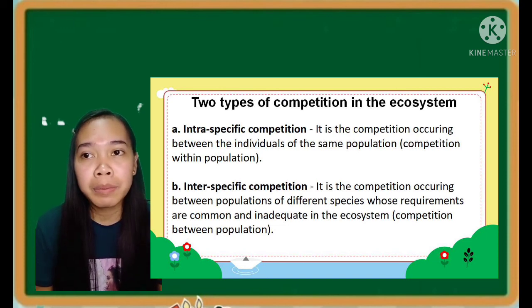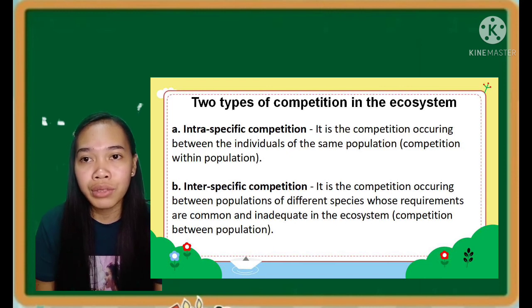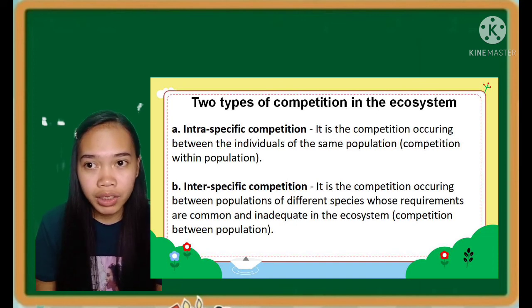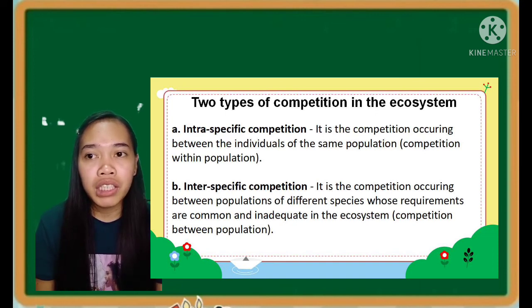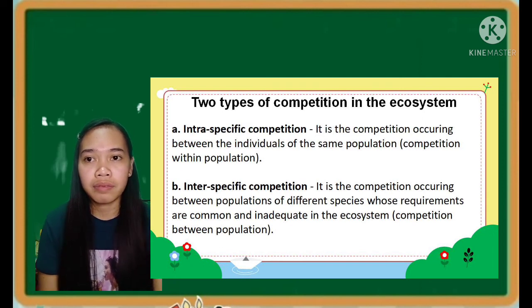While interspecific competition is the competition occurring between populations of different species whose requirements are common and inadequate in the ecosystem. So it is the competition between populations. Interspecific competition is also called contest or interference competition.